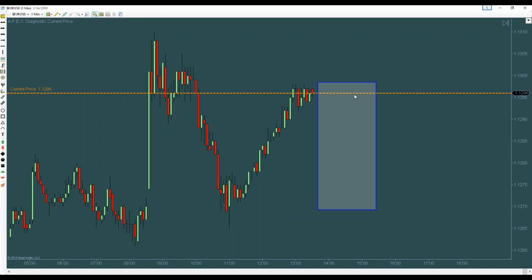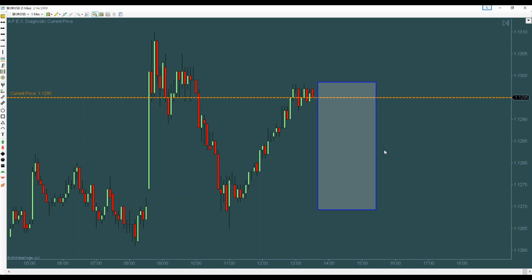On a call spread, if it touches my floor or ceiling, the trade is still open, the contract's still open. On a touch bracket, if it touches that floor or ceiling, it's closed out. That's one of the biggest differences you have to understand between these two contracts.